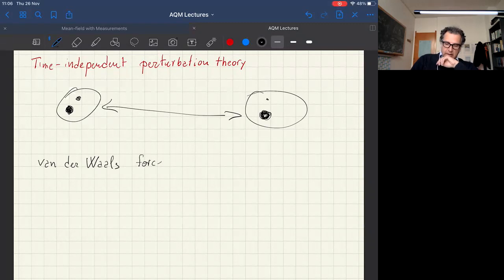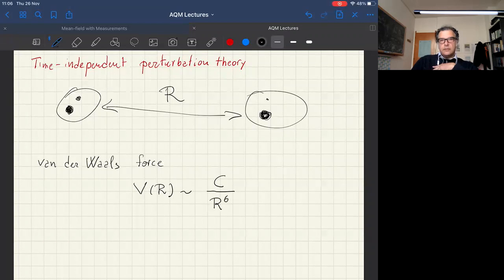Now the potential between them, if r is the typical distance, will go like some constant C divided by r to the 6.